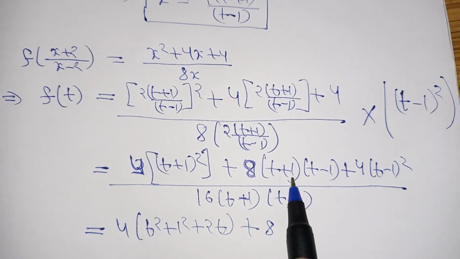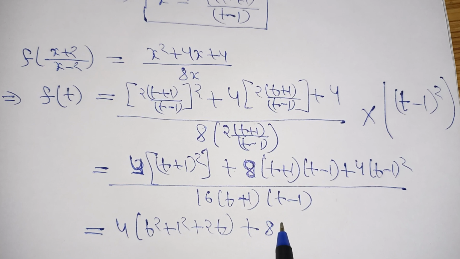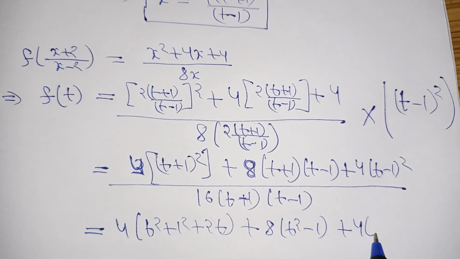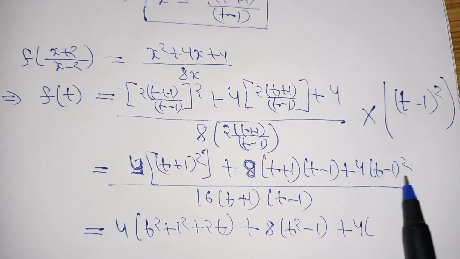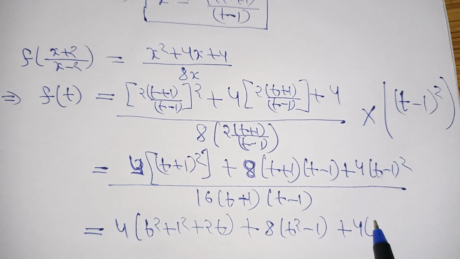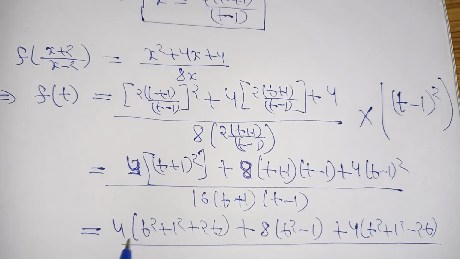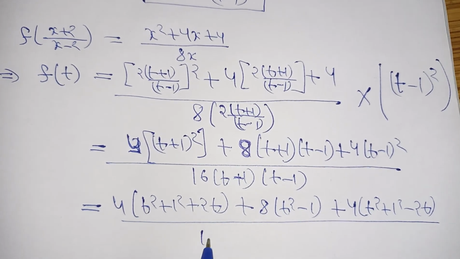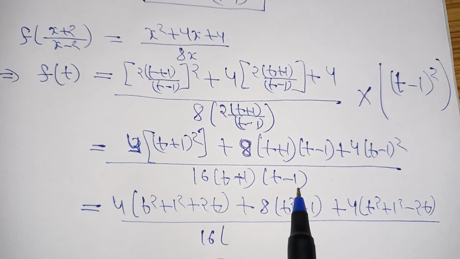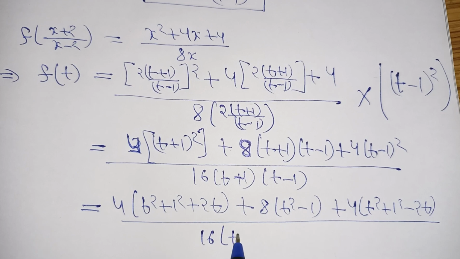By the formula (a minus b)(a plus b), we have t square minus 1, plus 4 into (t minus 1) whole square. This will become t square plus 1 square minus 2t, upon 16, and (t plus 1)(t minus 1) will again be t square minus 1.